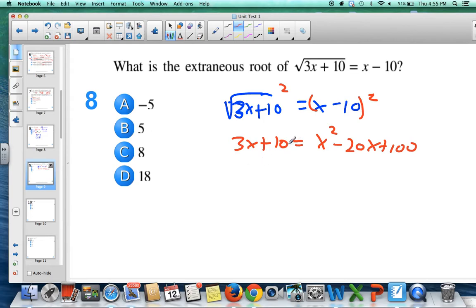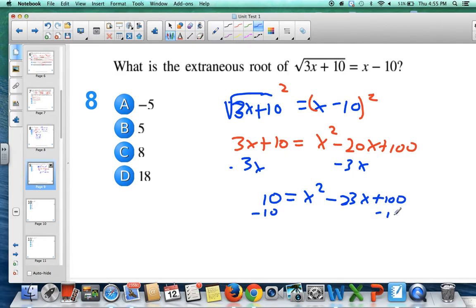And now to solve this, I want to get this side here to be 0 so I can factor. So I'm going to subtract 3x. And I got 10 equals x squared minus 23x plus 100. To get rid of this 10 now, 0 equals x squared minus 23x plus 90.